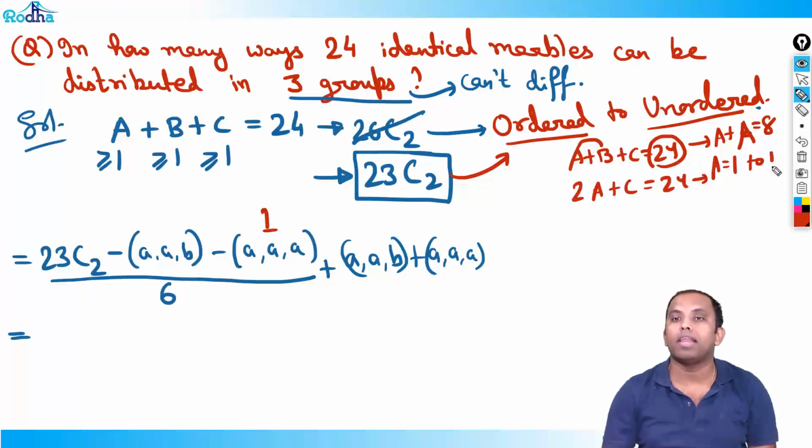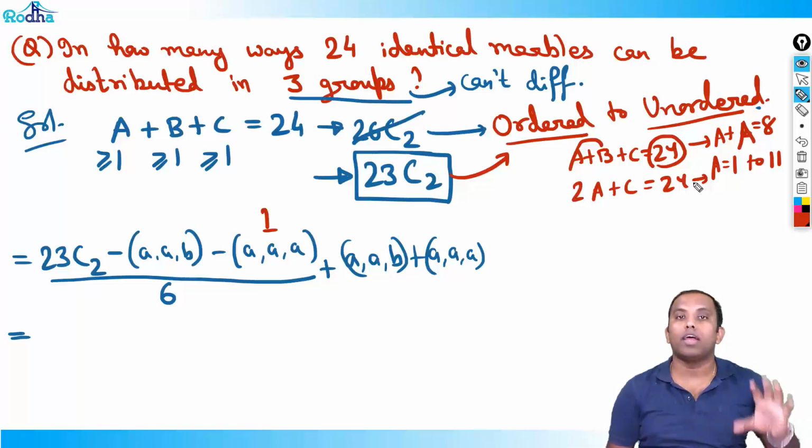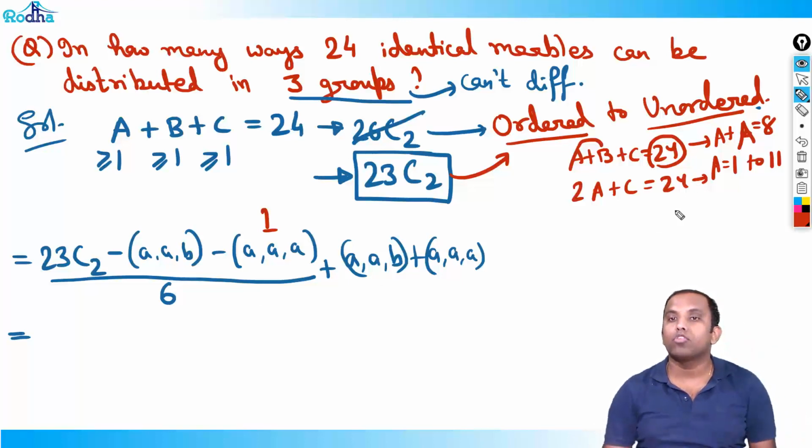That means A can be 11 at maximum. A can't be 12, because if A is 12, C is 0, meaning one group has 0 people, which is not possible. So A equal to 1 to 11, but out of these, A equal to 8 is already counted in the AAA part. So 1 to 11 minus 1, that is 10.